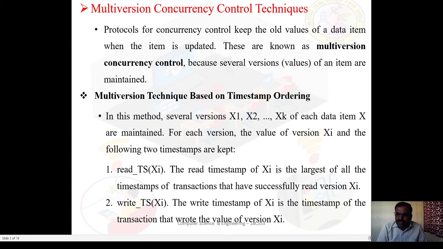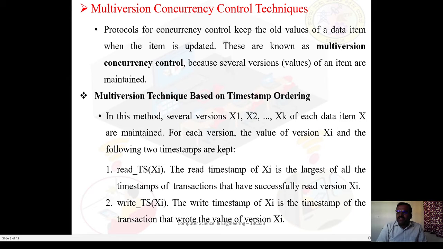Whenever a transaction T is allowed to execute a write_item(x) operation, a new version xk+1 of item x is created, with both write_TS of xk+1 and read_TS of xk+1 set to TS(T).